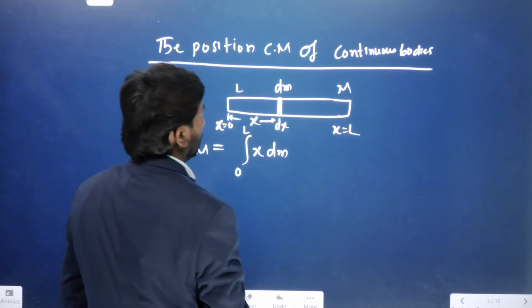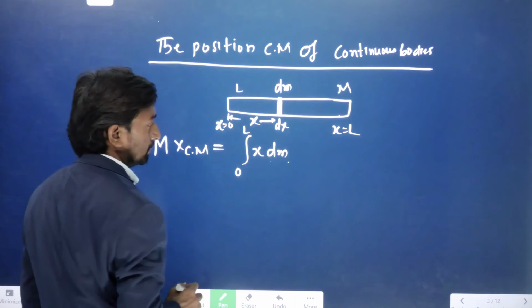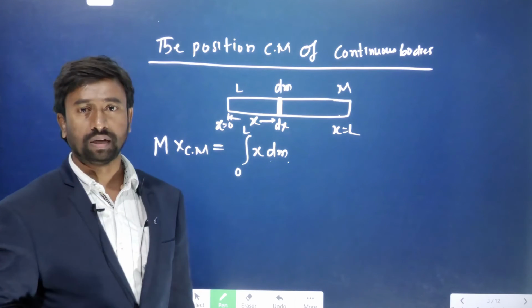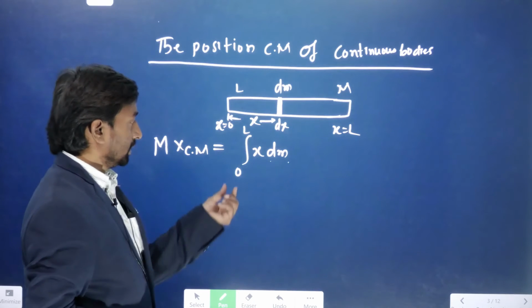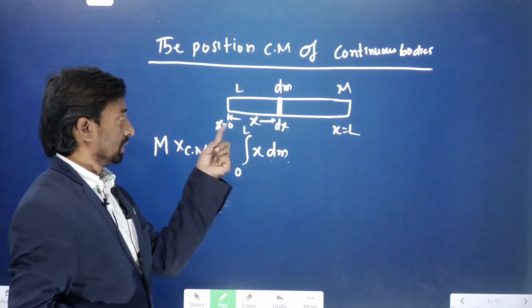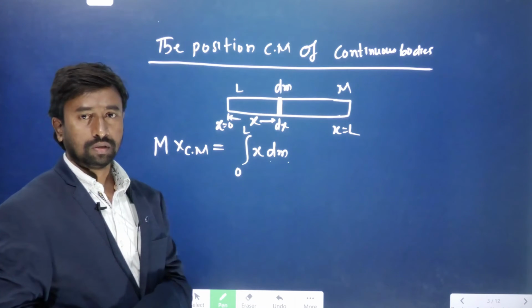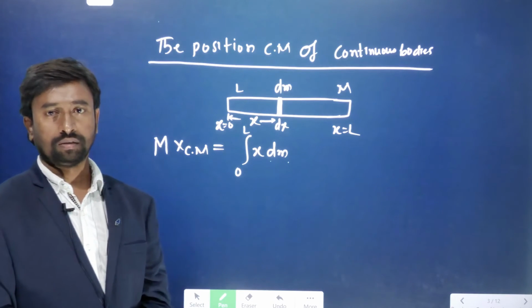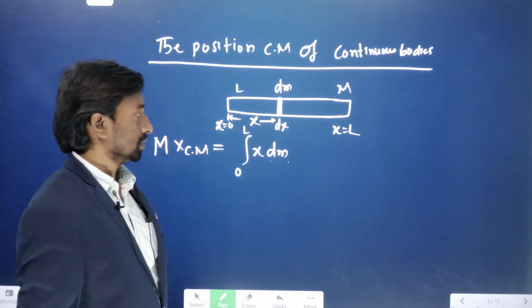Now how to find dm. In the integration the variable is x, so this has to be converted into a differential distance, dx.